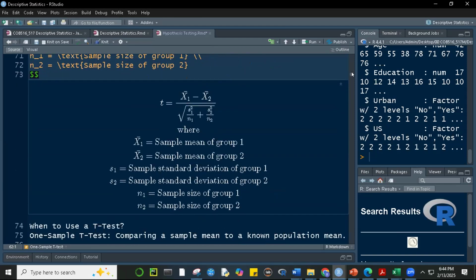For the two-sample t-test, you notice that the formulas are different. You now have x bar 1 and x bar 2, and you now have your S sub 1 and S sub 2. So now you're comparing two samples. That's why it's called two-sample.